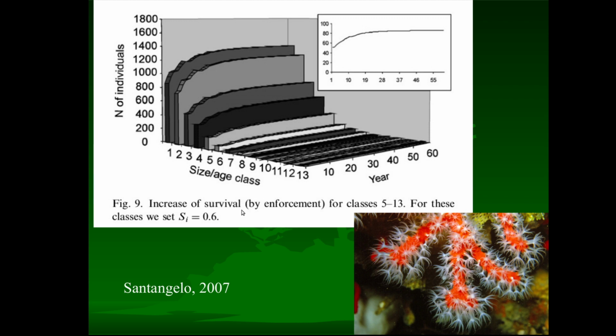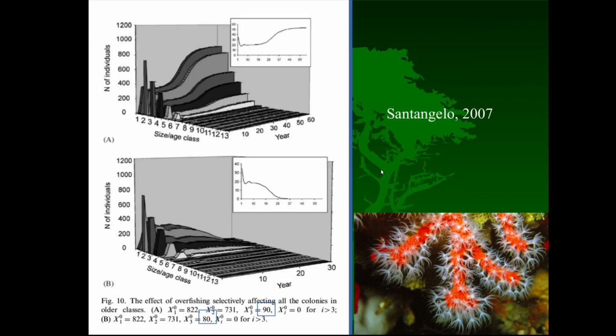So we're looking at the effect of harvest enforcement by rangers and how that affects the population trajectory. So we're looking at increase of the population over time for all these different age classes. And this is the effect of overfishing on the population trajectory over time in all the different age classes.